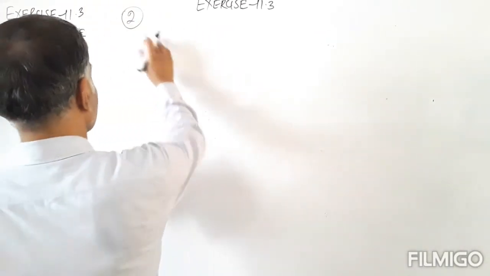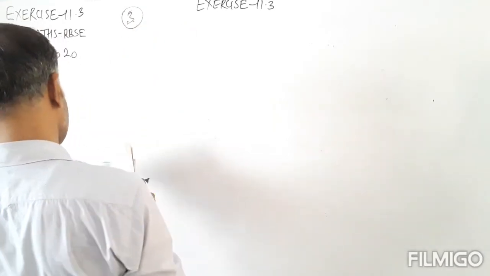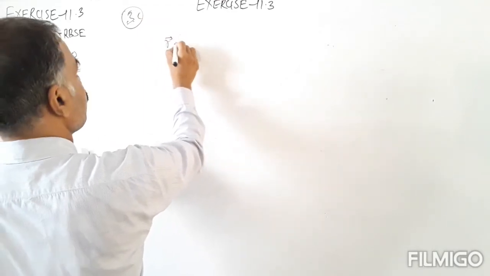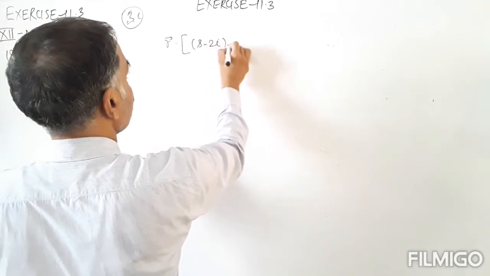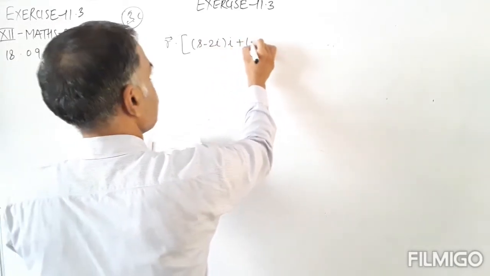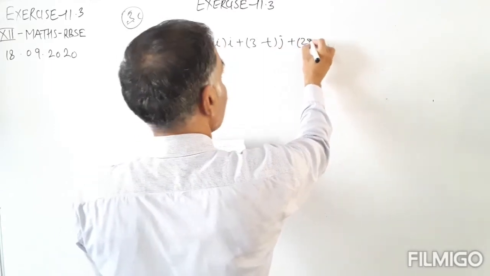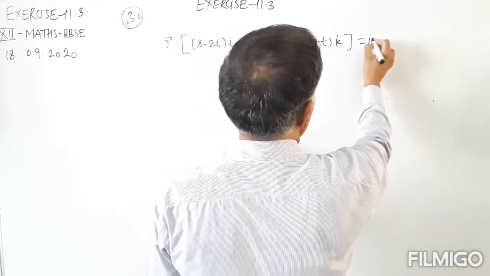Okay, so third part of the question number third. R vector dot (s minus 2t) i cap plus (3 minus t) j cap plus (2s plus t) k cap is equals to 15.